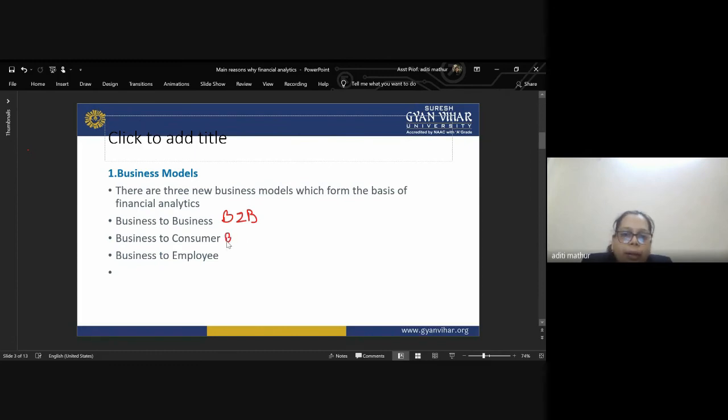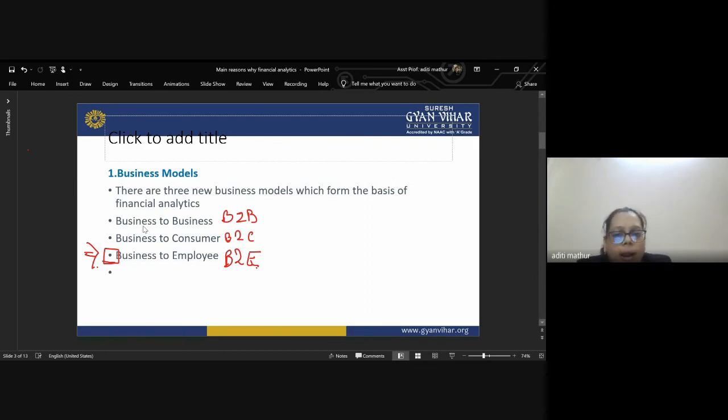Then you have B2C, then you have B2E. किसी ने सुना है B2E? No, ma'am. Business to employee. This is new one, right?